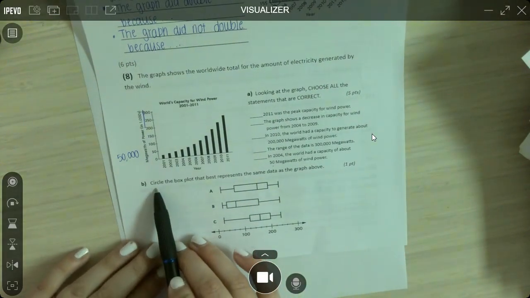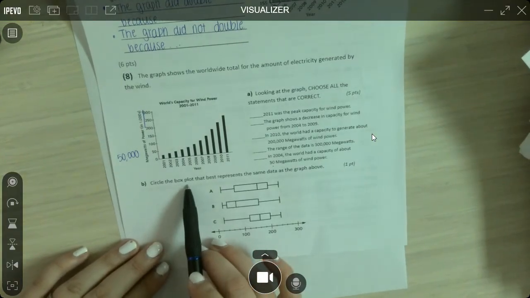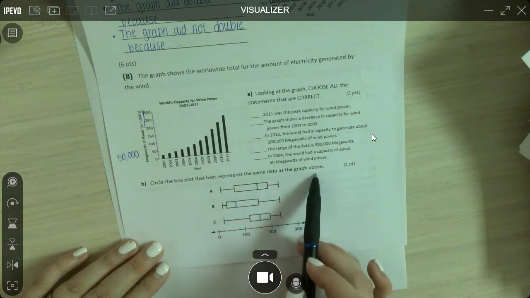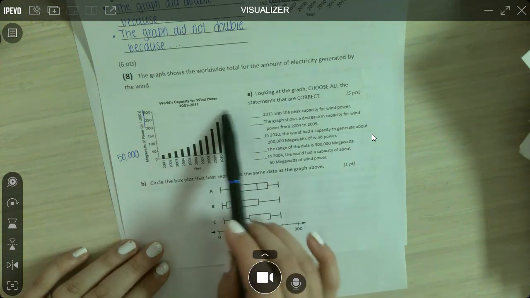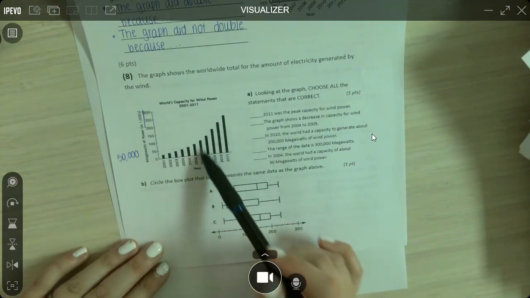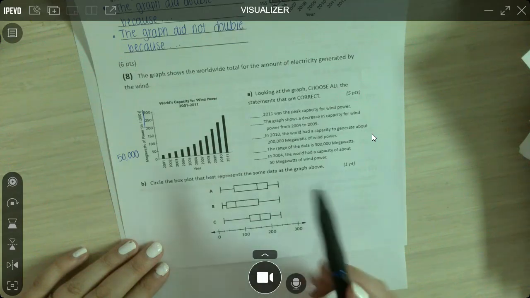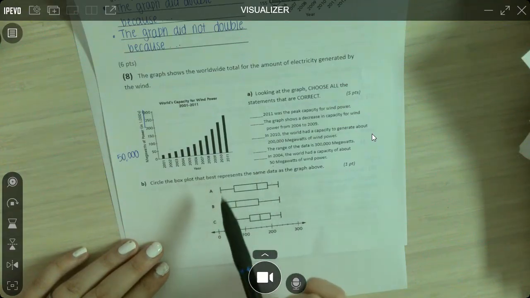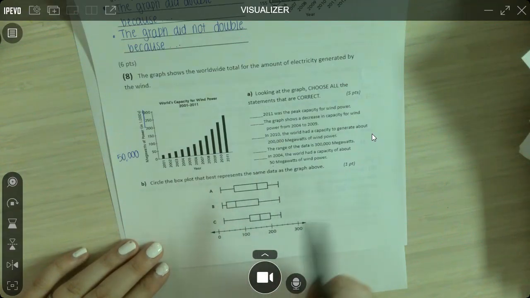For part B, you are going to circle the box plot that best represents the same data as the graph above. When we're making a box plot out of this, think about where the majority of your numbers are going to fall. Think about where your median would fall. Your median would help you choose which of those box plots best represents the data.